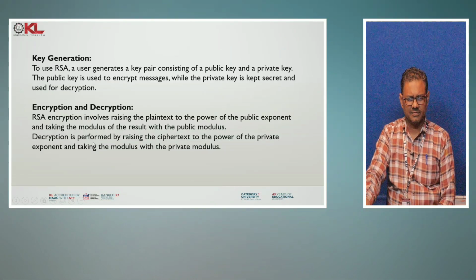Key generation. We already know that in RSA we are using two keys, one public key and another private key. The public key is for encrypting messages, while the private key is secret and used for decryption.